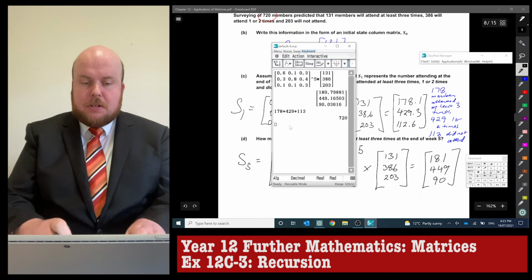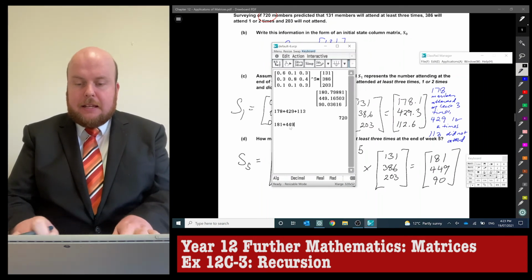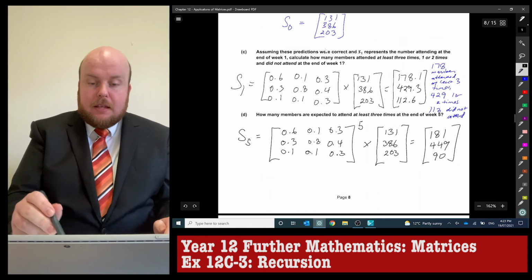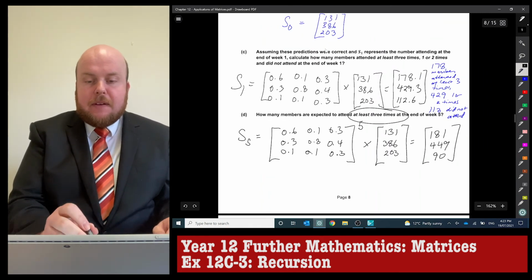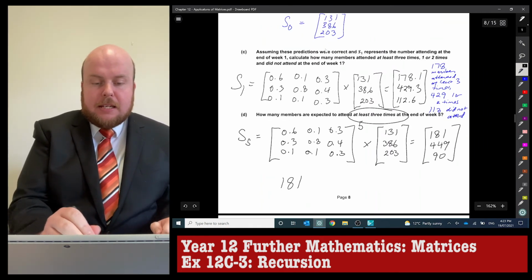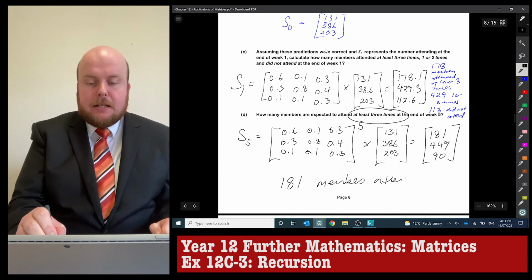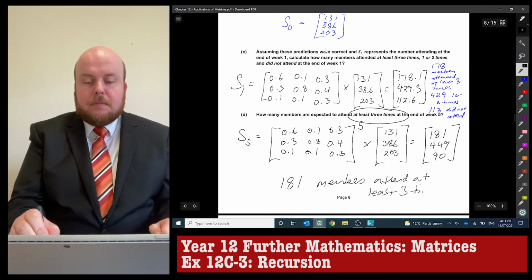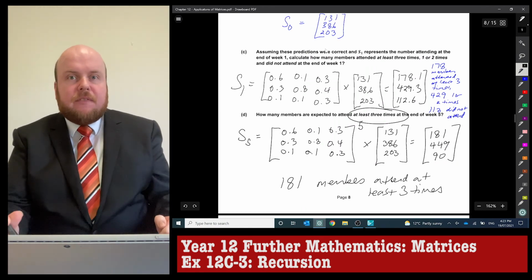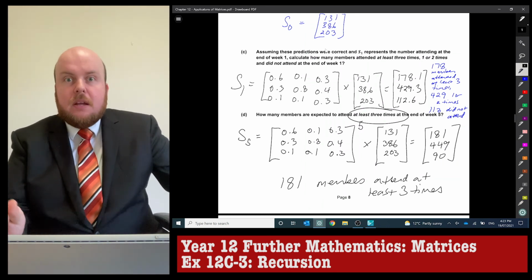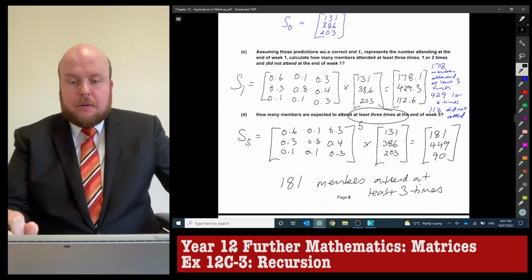Again, I want to check that that all adds up to 720, and it does. We want just the ones that have at least 3 times, so 181 members attend at least 3 times. If you just give the final matrix as your answer without any context, an examiner will mark that wrong.